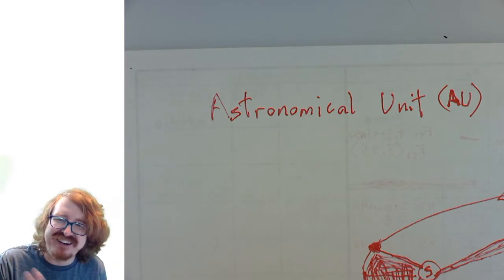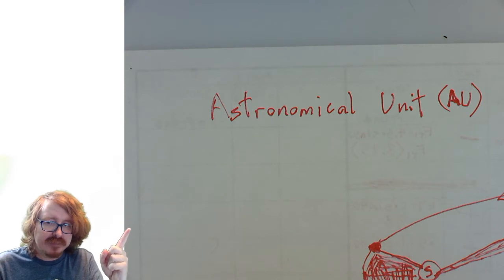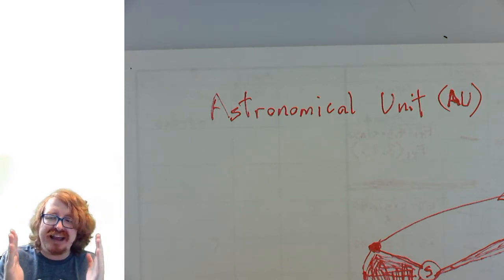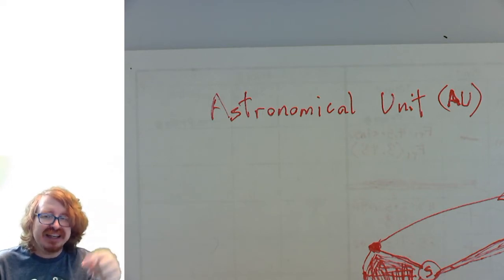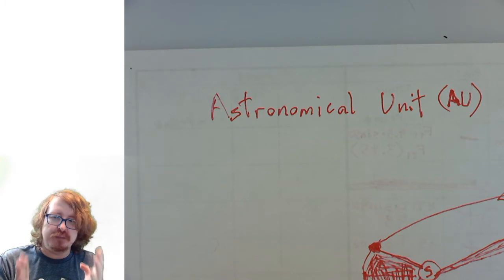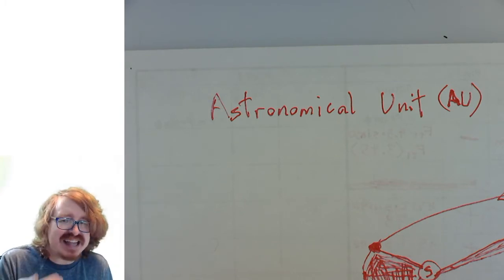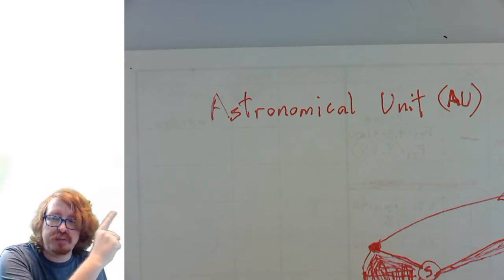So, here we go. 1 astronomical unit is the average distance between the Earth and the sun. Why do I have to say average? Why can't I say an astronomical unit is just the distance between the Earth and the sun?